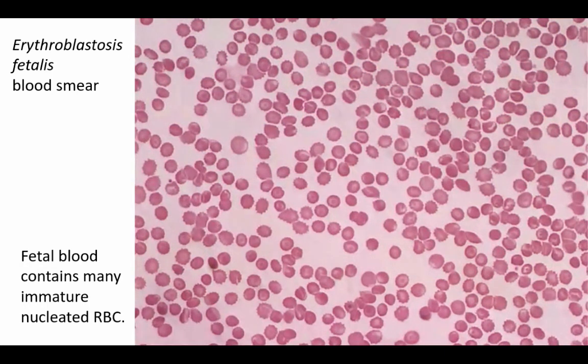And one of the huge things to notice is that you have all of these red blood cells in circulation that still have nuclei. Remember, red blood cells normally jettison, they throw out the nucleus before they enter circulation. But the baby is essentially, the cells are starving for oxygen. So the baby's bone marrow ramps up production of red blood cells, with the consequence that you end up with a lot of immature red blood cells in circulation.